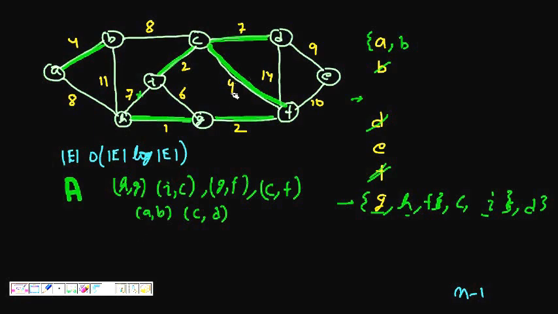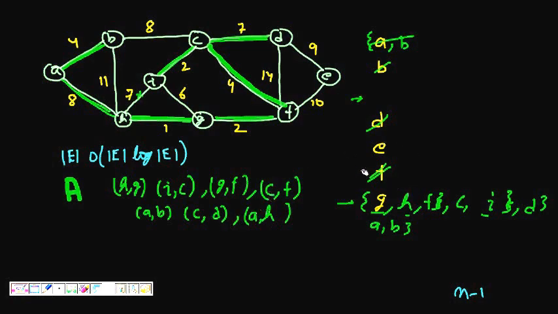After this, the next ones are BC and AH. So we take AH. A and H are in different sets, so we can take A and H and join them. If AH is joined, then A, B comes here, this set is gone, and AH also comes in this one.